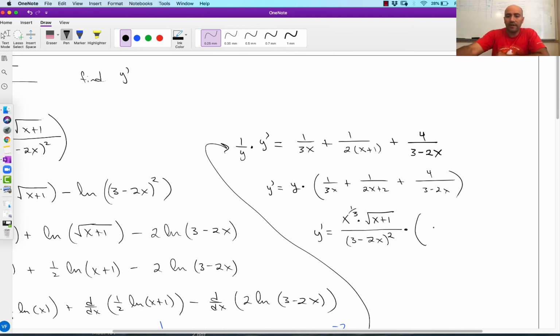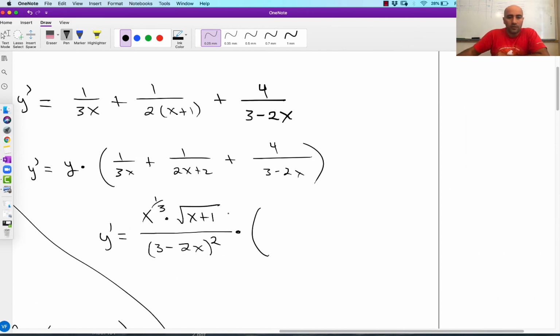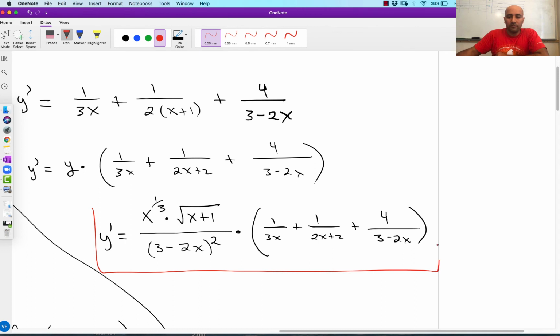So let's copy that. This becomes times 1 over 3x plus 1 over 2x plus 2 plus 4 over 3 minus 2x. There. So that's our final answer. That's our derivative.